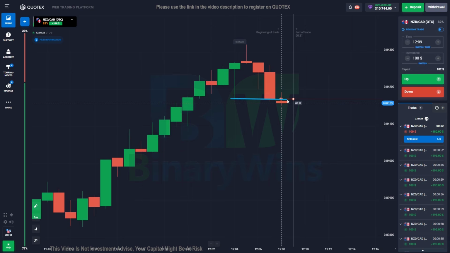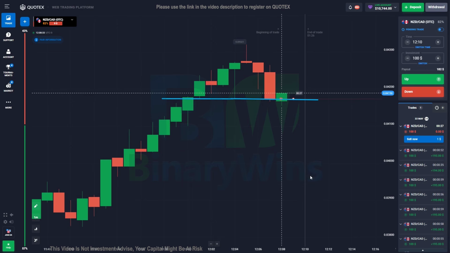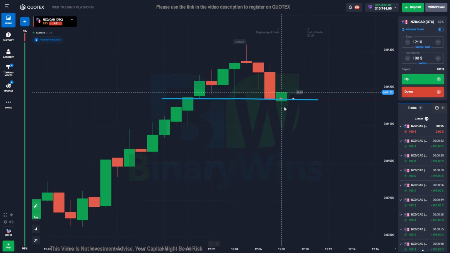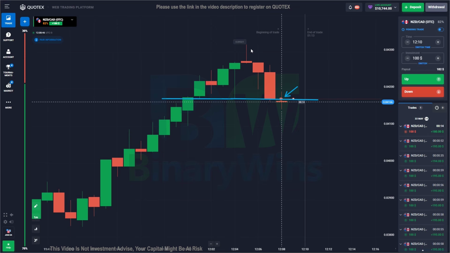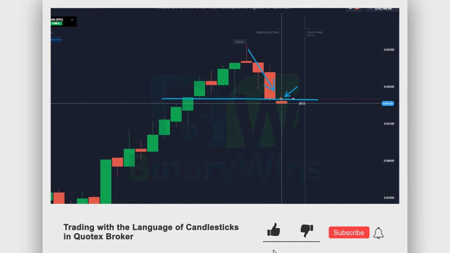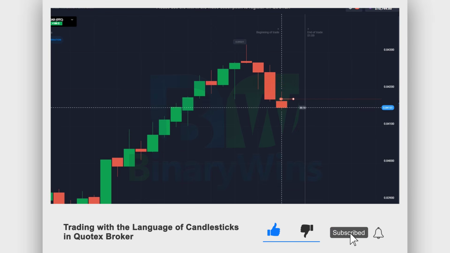On the other hand, we have a key level here. I waited for the first candle to go up, get a rejection from this key level, and then I entered a lower trade in the direction of the momentum trend.